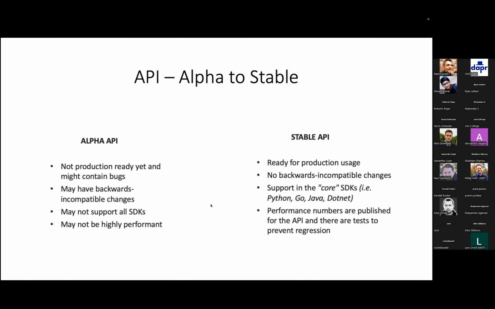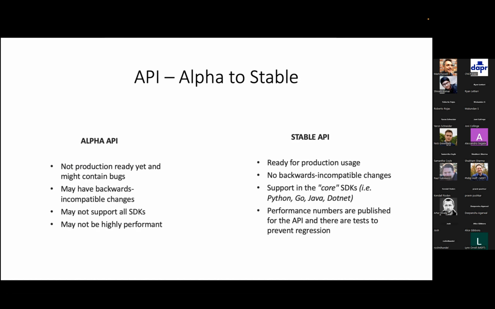So in Dapr, when we say an API is an alpha API, the meaning of that is that the API is not production ready. It might have some bugs in its implementation, and it is safe for testing. It may have backwards incompatible changes, so we can break the APIs in case that is required.